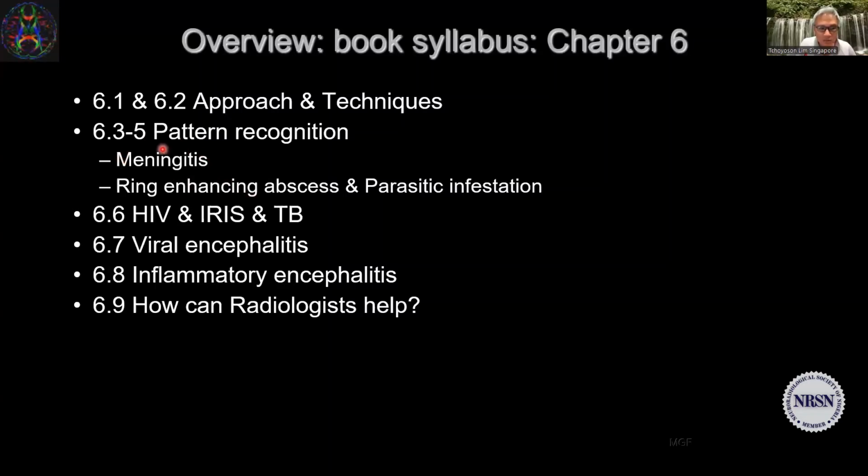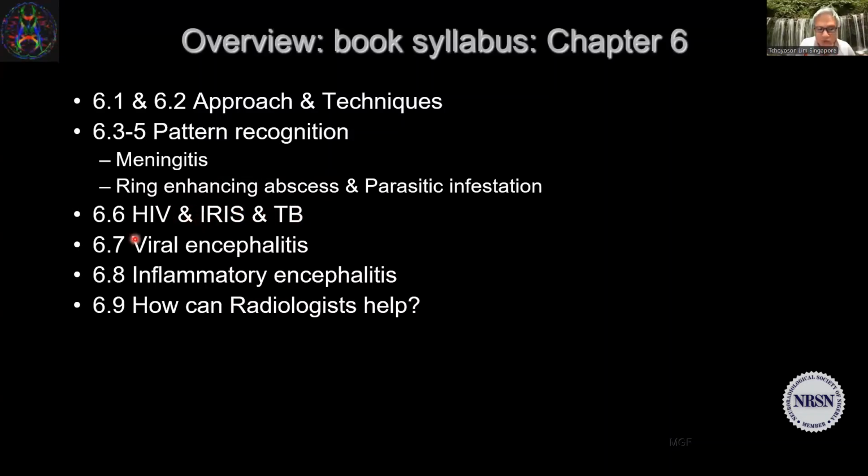We will talk about the typical patterns of meningitis, abscesses, and parasites, and take a short detour on HIV and some of the specific abnormalities that we can expect, including toxoplasmosis, tuberculosis, and a phenomenon called IRIS.